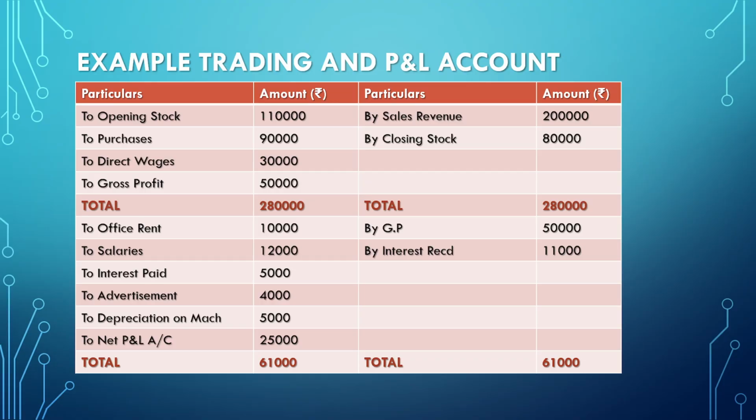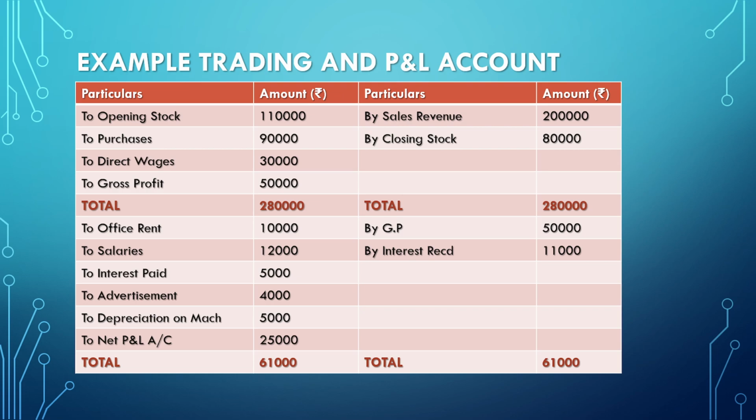Okay, so now first we total both columns on the trading account. If you look at the right side of the trading account, that is excess. So 2,80,000 is the total. So 2,80,000 minus 1,10,000 minus 90,000.